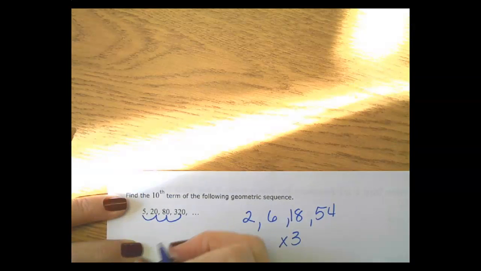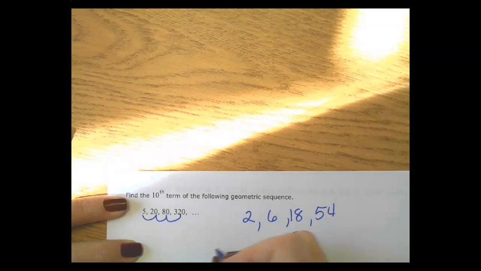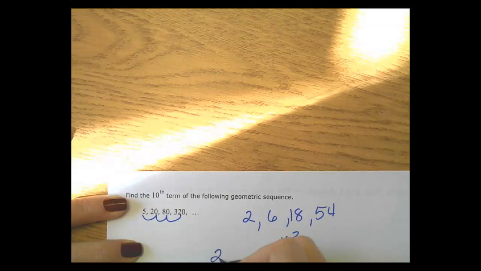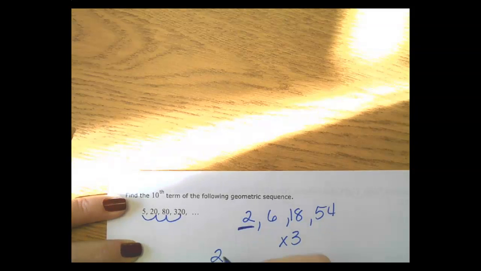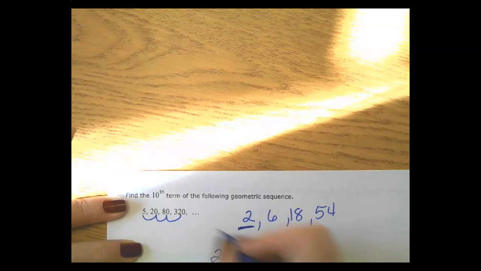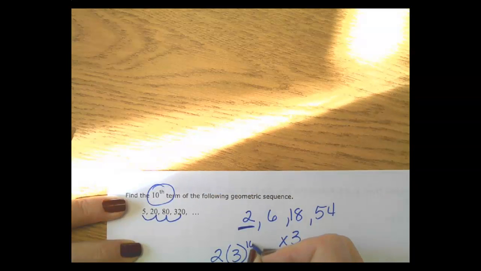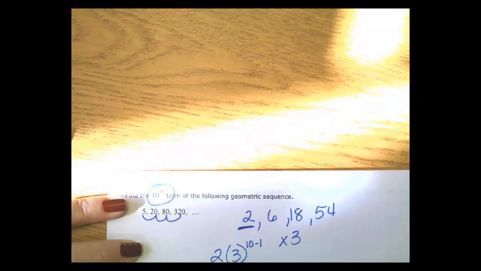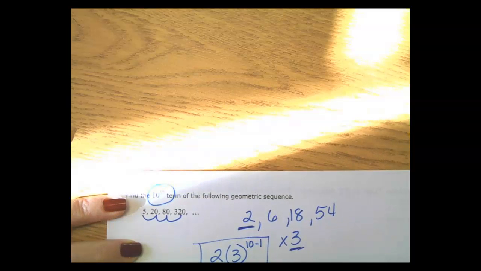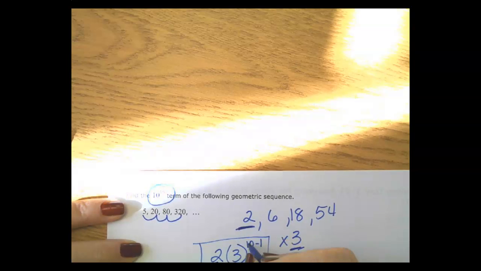So my first term, 2, in this case it's 2, first term, times that 3, and then it's in the 10th minus 1. And that will give you your answer. So this is this, this is this, this is this.